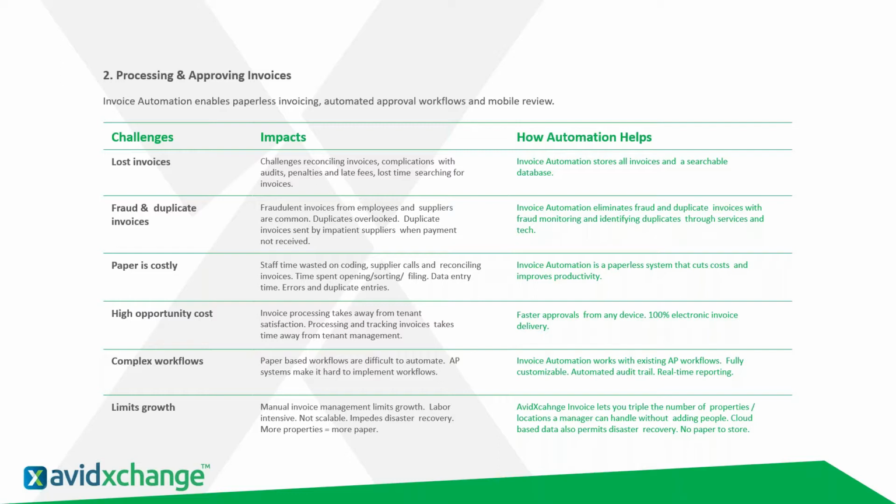Fraud and duplicate invoices are another big issue. As invoices come in, we extract the details, but we also match them against any previously received invoices, identifying those duplicates. Then there's removing paper. We don't have to tell you that paper is expensive.